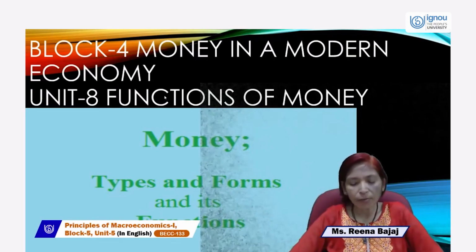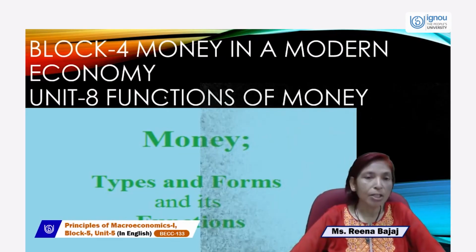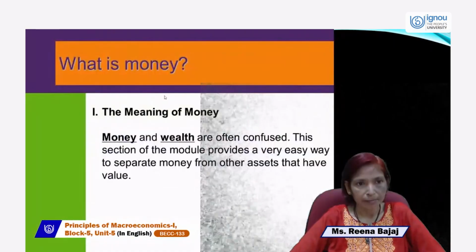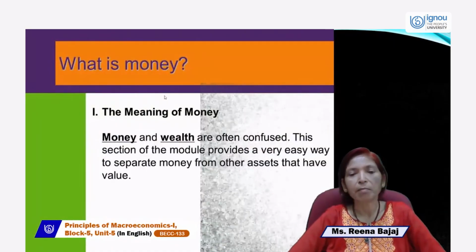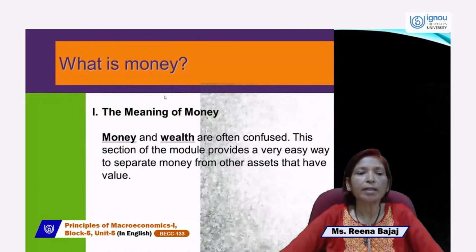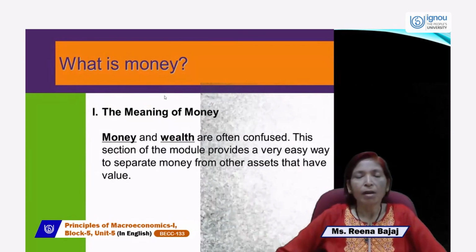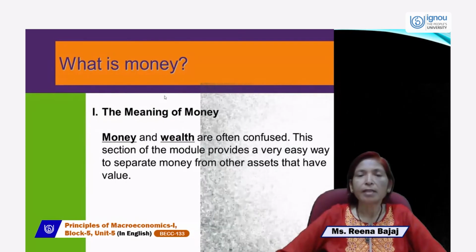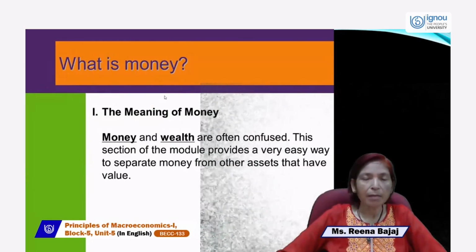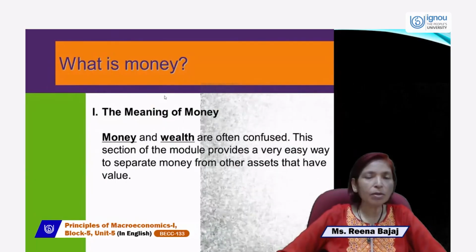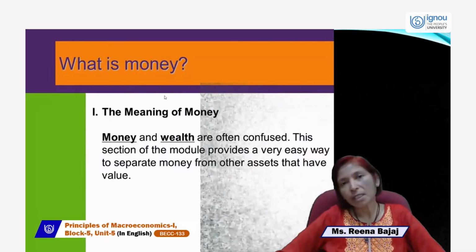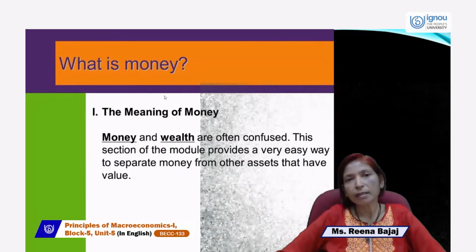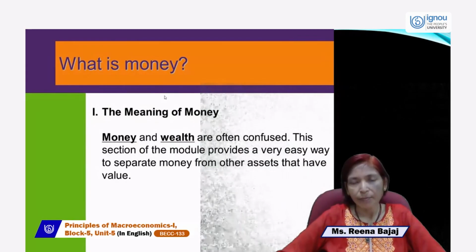So, let us start from the first topic, definition of money. What is money? You know that money is a very good medium of exchange. At present, without money, you can't purchase any goods and services.